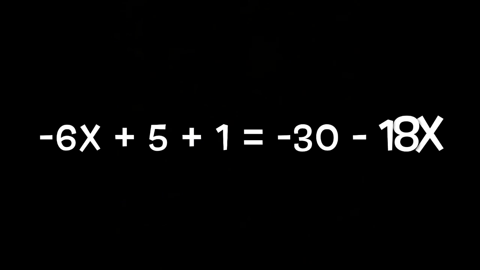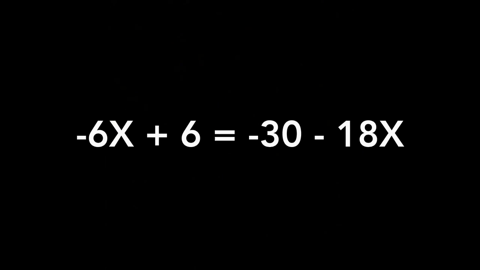On the other side, negative 6 times 5 is negative 30, and negative 6 times 3x is negative 18x. The new equation is negative 6x plus 5 plus 1 is equal to negative 30 minus 18x.